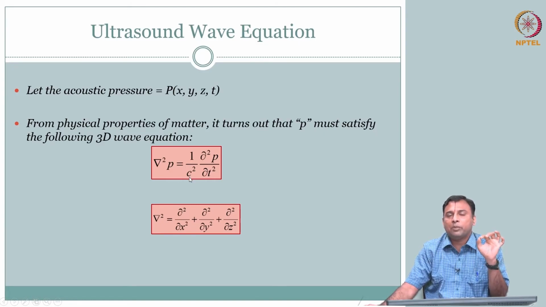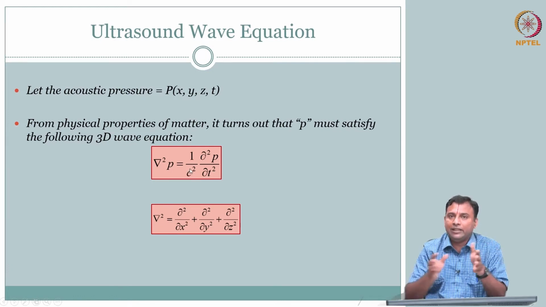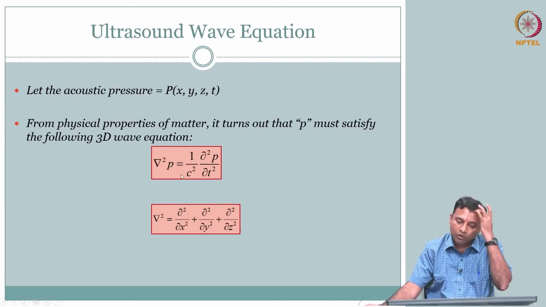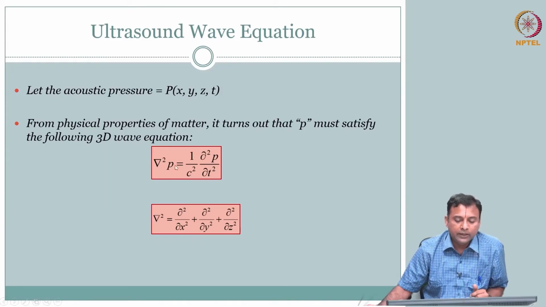It is your speed of sound, because we use c even for speed of light, so c is kind of velocity. Here c is the velocity of sound in that medium. This is actually a material property, we will talk about this in a bit. So this is your 3D wave equation.